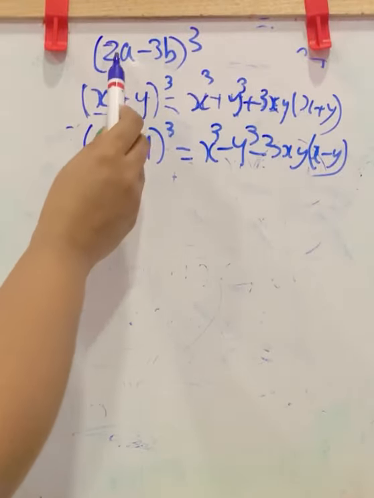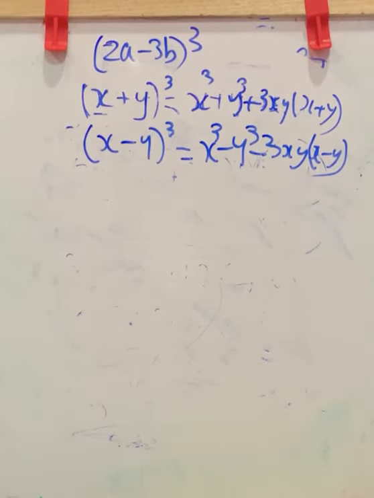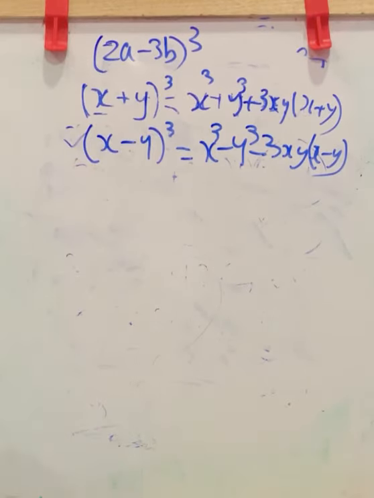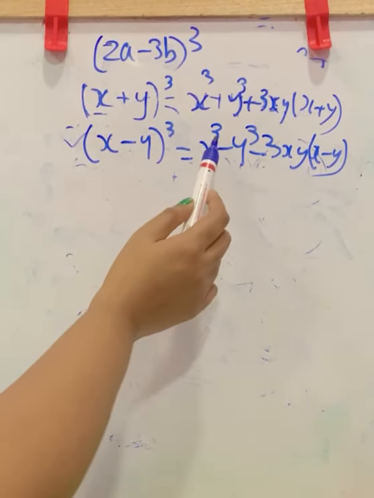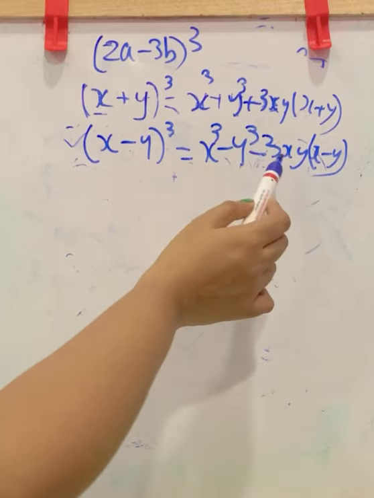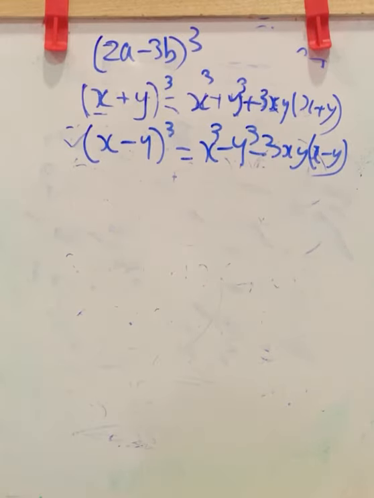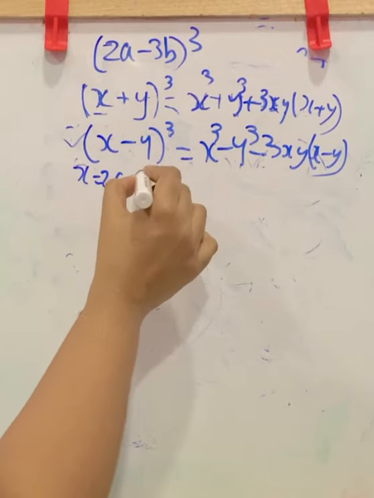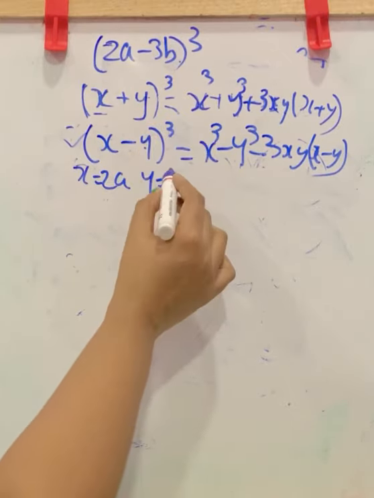Next question. (2a minus 3b) whole cube, that is (x minus y) whole cube, this identity. The expansion is x cube minus y cube minus 3xy into (x minus y). Now here x is equal to 2a and y is equal to 3b.